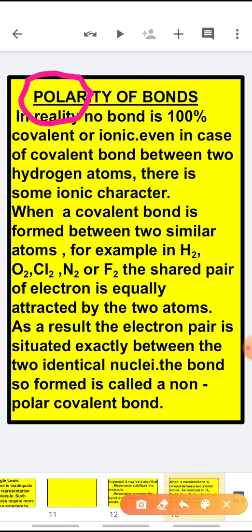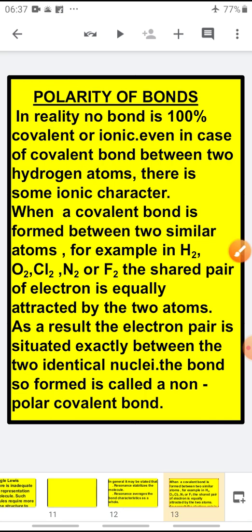So when a covalent bond is formed between two similar atoms like two hydrogen atoms, two oxygen atoms, two chlorine atoms, two nitrogen atoms or two fluorine atoms, the shared pair of electrons is equally attracted by the two atoms. As a result, the electron pair is situated exactly between the two identical nuclei. We call it a non-polar covalent bond, but it has some ionic character also.